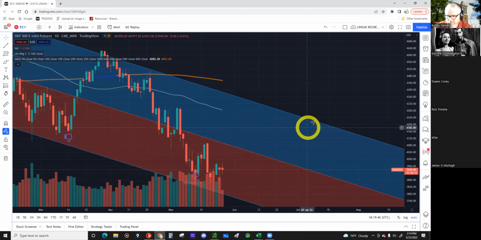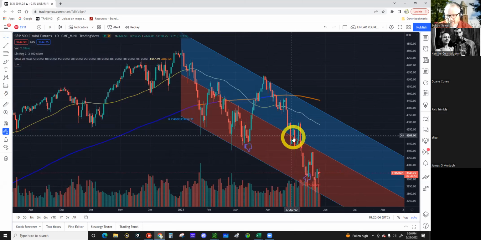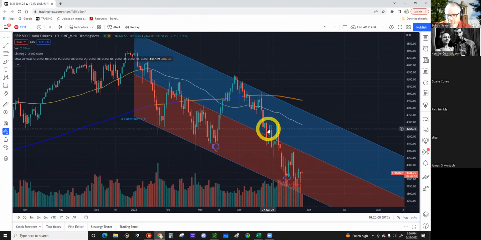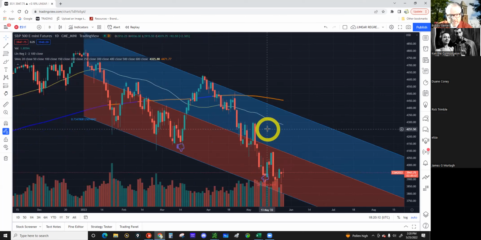I mean, if you're just kind of playing it out, right? This thing could go up to 4211 before we start to go way, way, way down. This is just the beginning, you can see here, of a very steep and long-term bear market. I don't see us getting out of this for some time.